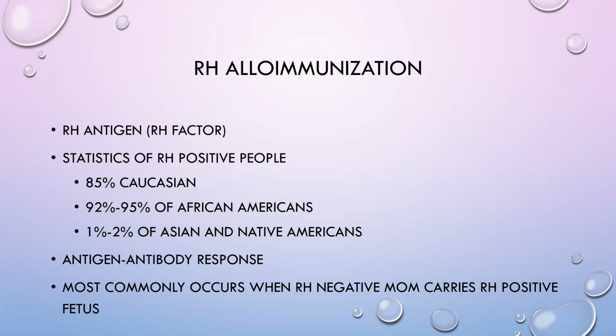So the current pregnancy will not be affected, but she forms those antibodies, and the next time she becomes pregnant under the same situation with a positive baby while she's negative, subsequent exposure can lead to Rh positive blood causing coagulation and hemolysis of the red blood cells. So it's very high risk for baby and mom. RhoGAM injections are needed to help keep this from happening.